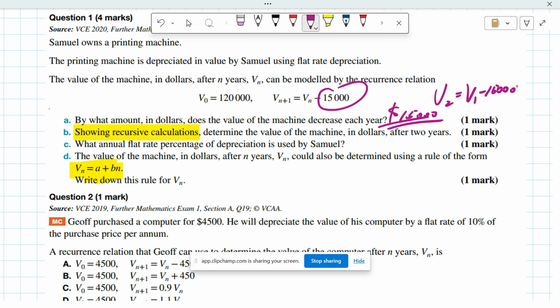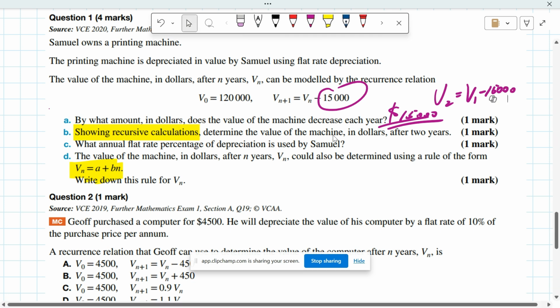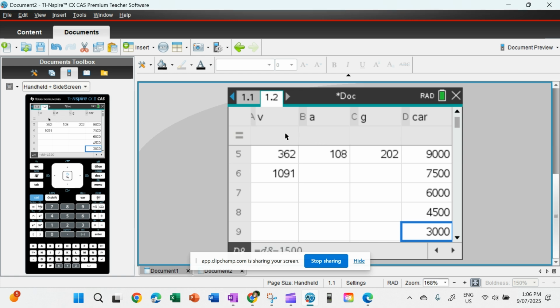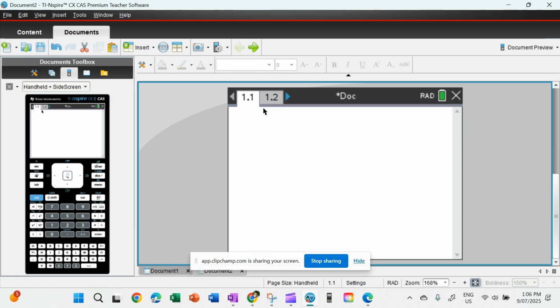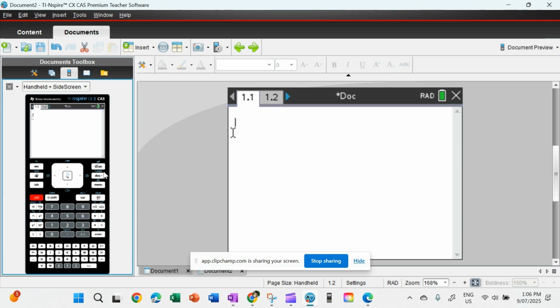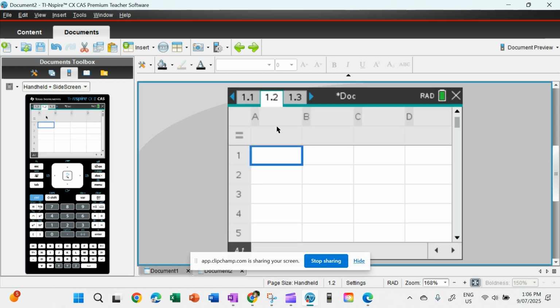So what we're using is another value, the machine's initial value, which is 15. Sorry, it's $120,000.